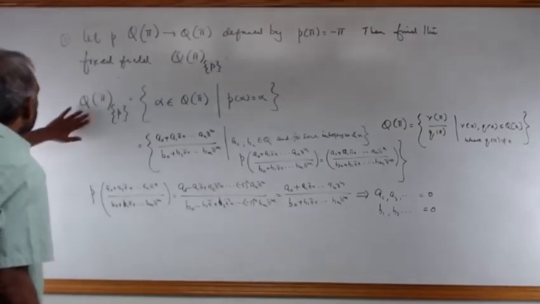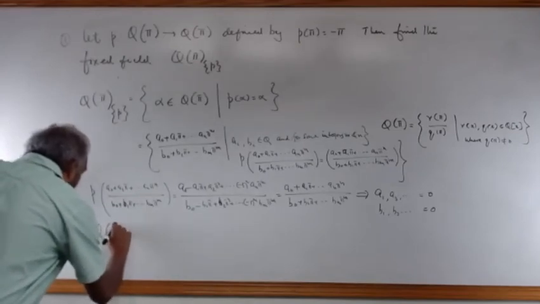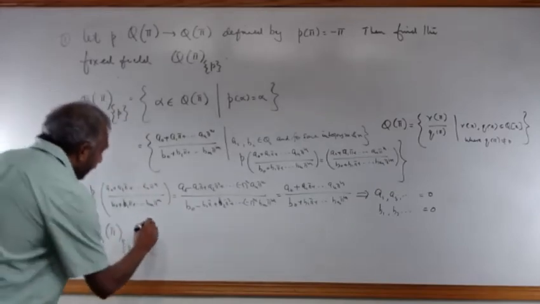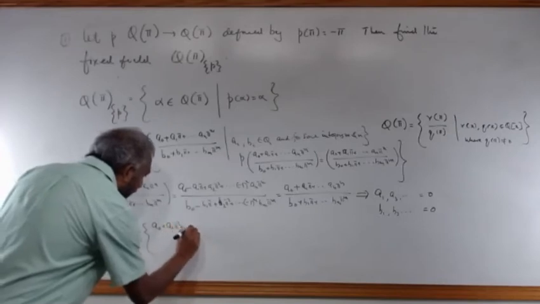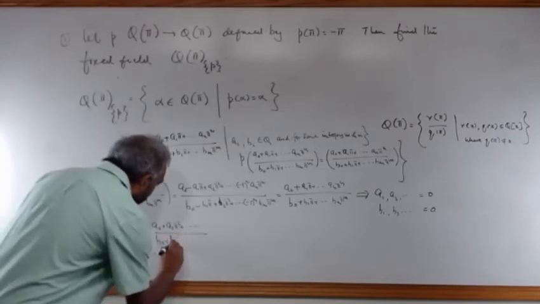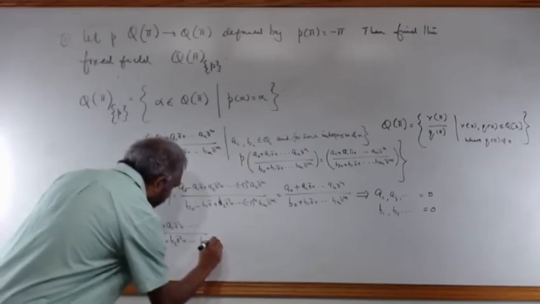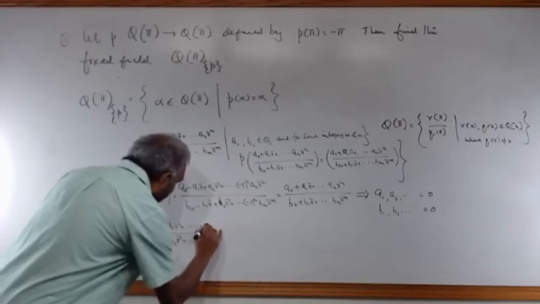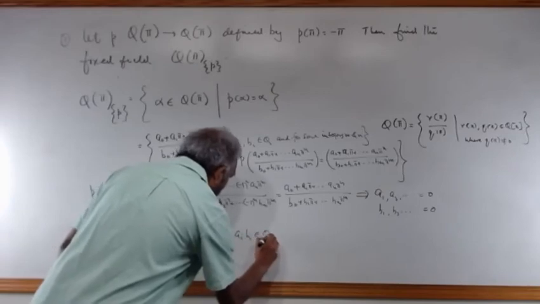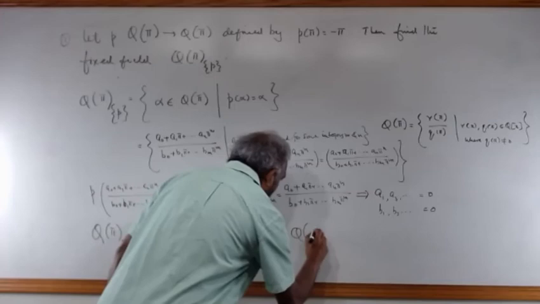So what does that mean? In here you will have, so that means the fixed field of Q of pi under P is equal to a0 plus a2 pi square plus dash dash dash divided by b0 plus b2 pi square plus dash dash dash b2m pi to the power of 2m, where ai's and bi's belong to Q. And this is nothing but Q of pi square.